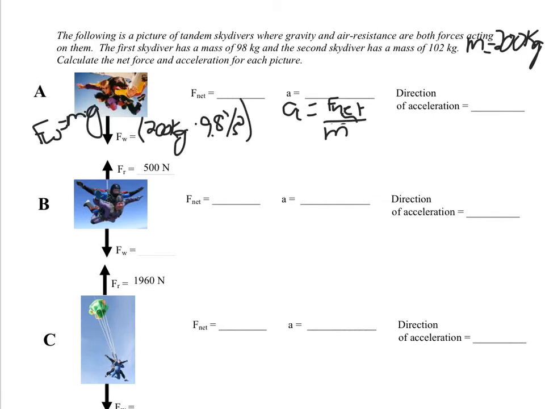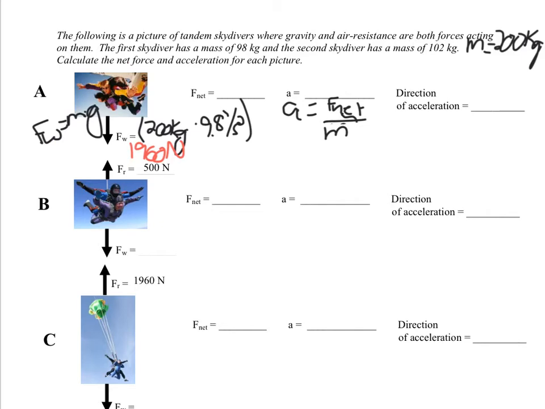So they would have a force of weight of 1,960 newtons. And since this picture is when they initially jump out of the plane, they don't have any air resistance yet, hence why there's no up arrow here. They just jumped out of the plane. We're just saying, okay, their force of weight is 1960 newtons.